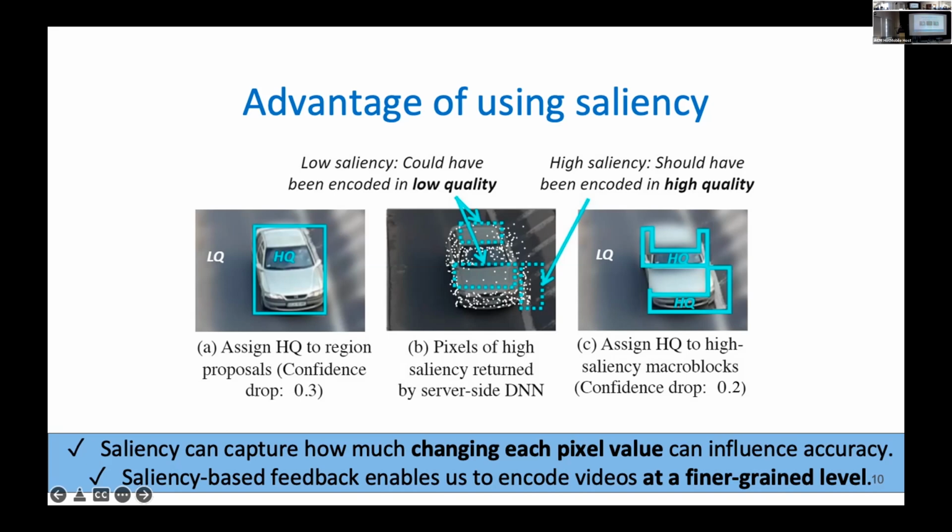As we can see in figure C, this enables us to encode certain macro blocks within the region proposal with low quality, because based on our saliency computation, these pixels have very little influence on the final inference result if we change their values due to quality changes.